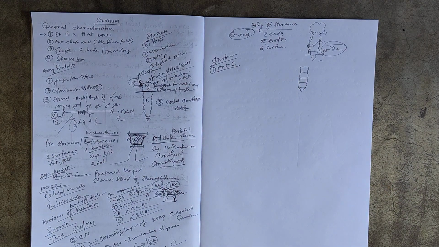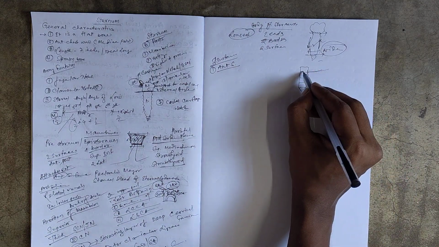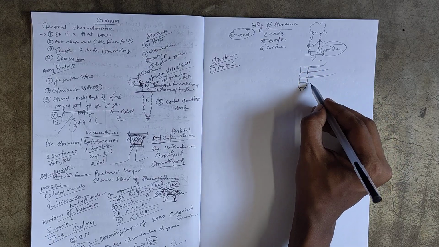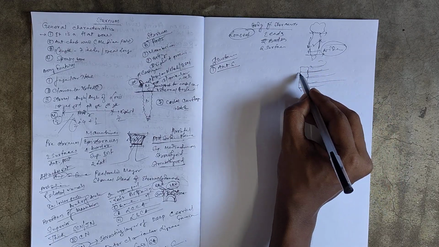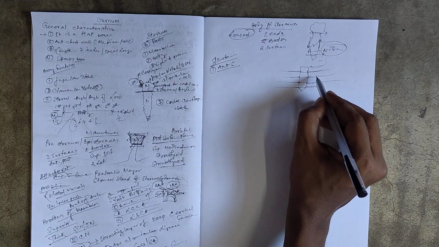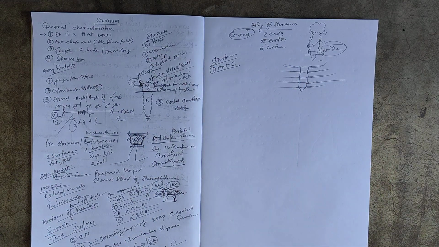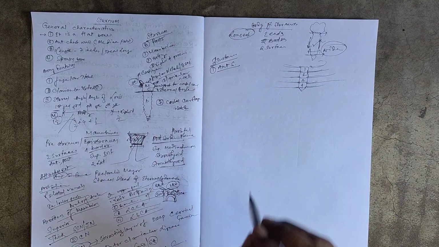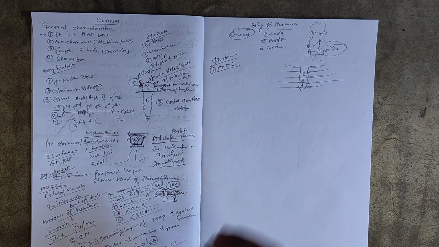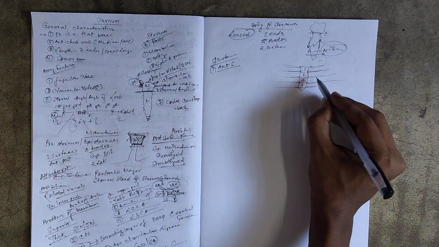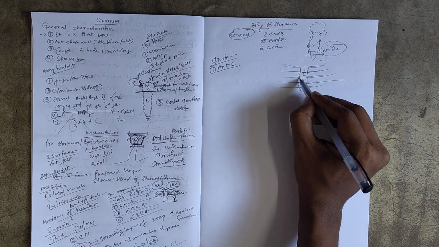These are the ridges. If you take this, it has three ill-defined horizontal ridges. These are the horizontal ridges.